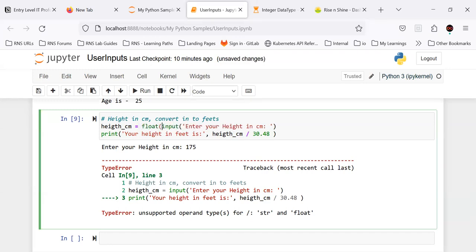This input function is going to return the string, that string we convert into a float, and that float value we assign to the variable. Converting one data type into another data type, that's what we call typecasting.